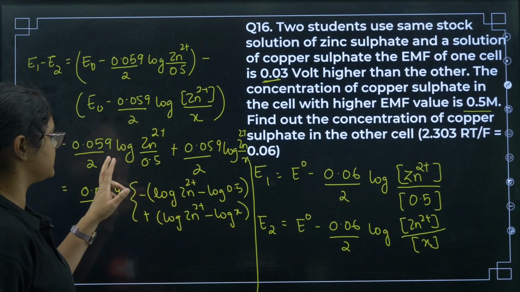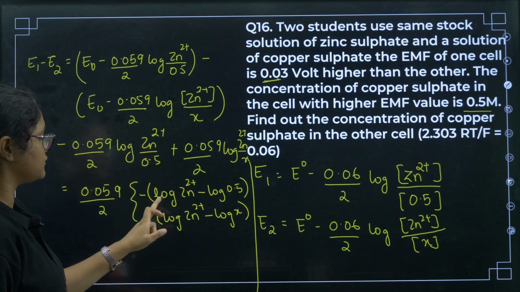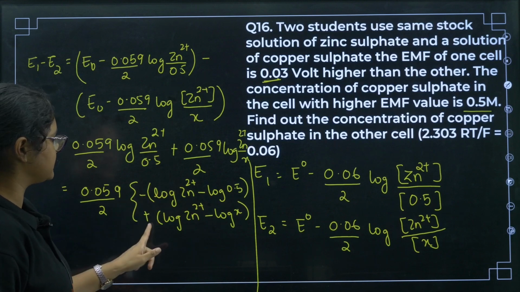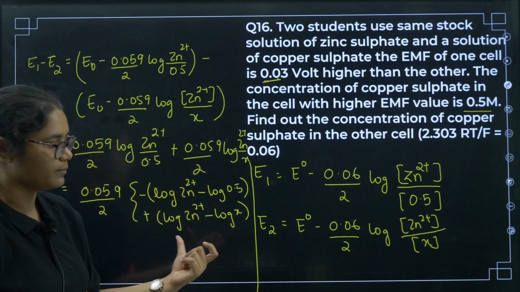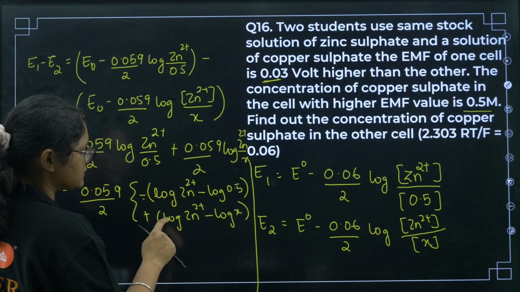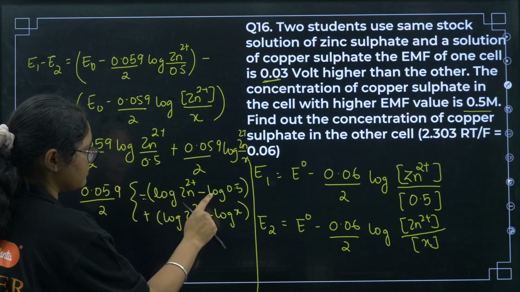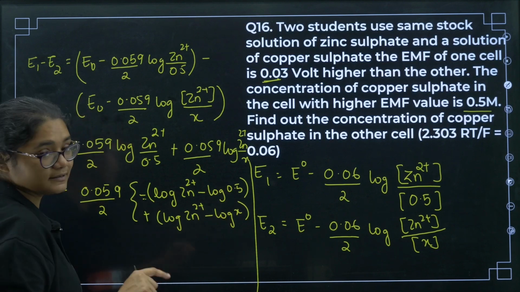I have just expanded this one, right? So now see, minus is there, then this one is log A minus log B, then this plus is there, then again log A minus log B. Now if you expand it, minus log Zn and plus log Zn will get cancelled, and what is left is plus log 0.5 and minus log x.